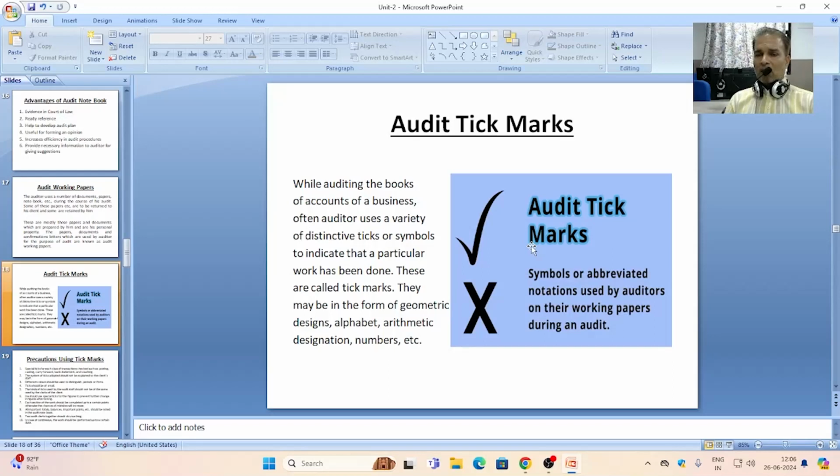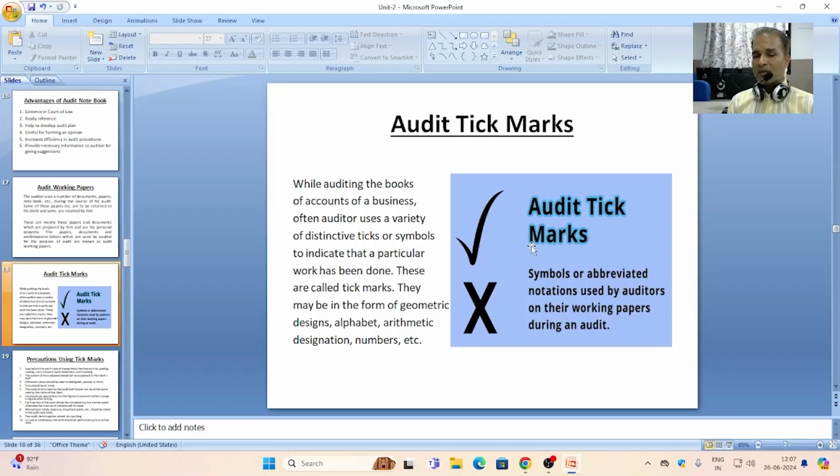So audit tick marks can be understood in this way: while auditing the books of accounts of a business, generally the auditor uses a variety of different types of tick marks and symbols that indicate that a particular work has been done, and these tick marks or symbols are called audit tick marks.